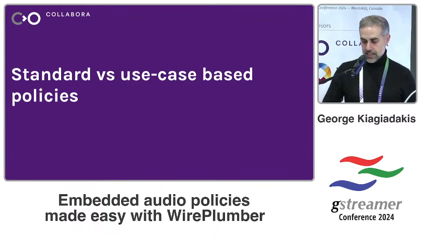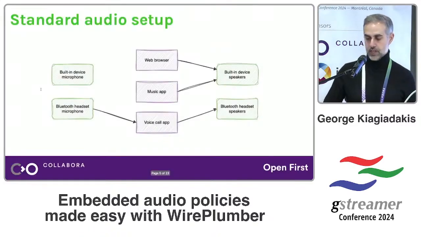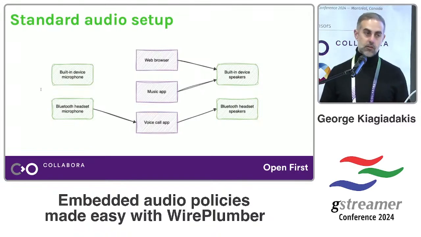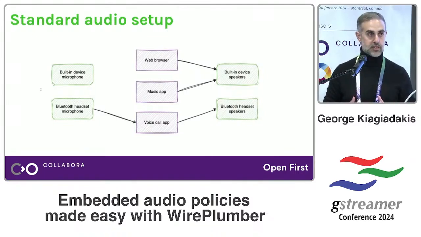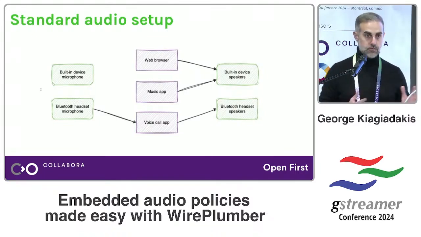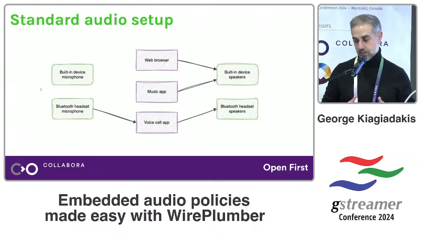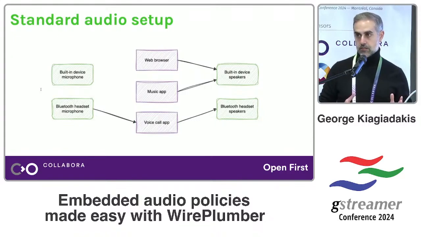So let's discuss what is the difference between this use case-based policy and the standard policy that you have on a desktop system. On a desktop system, there is no such thing as a use case or a role. You have applications such as a web browser, a music player, or a voice call or video call application, and they just link directly to devices.